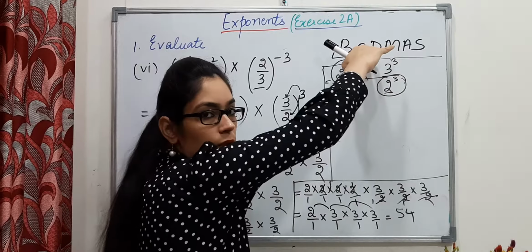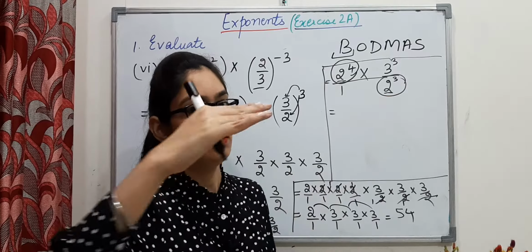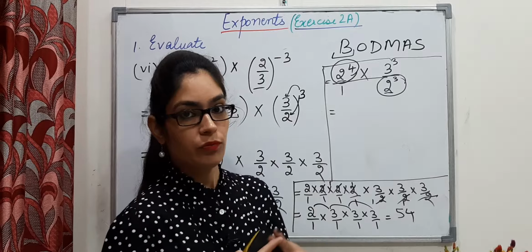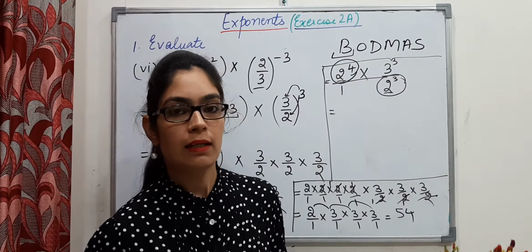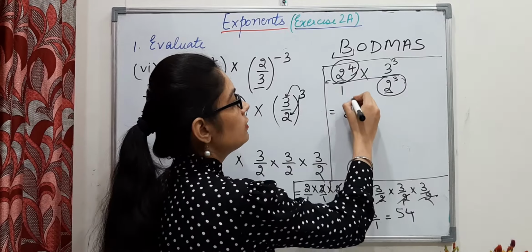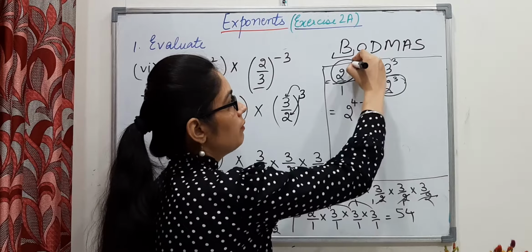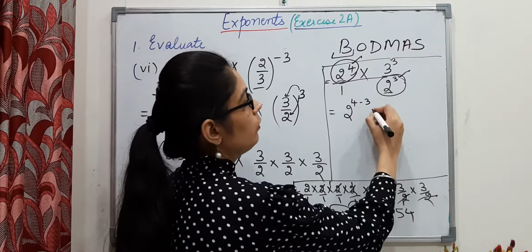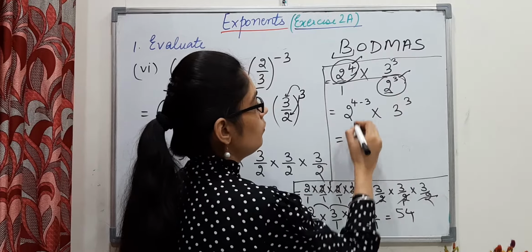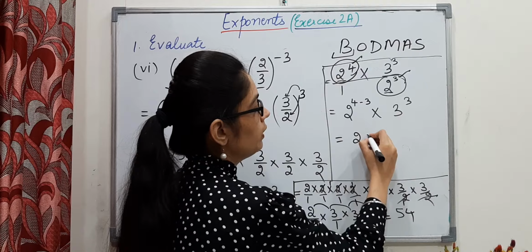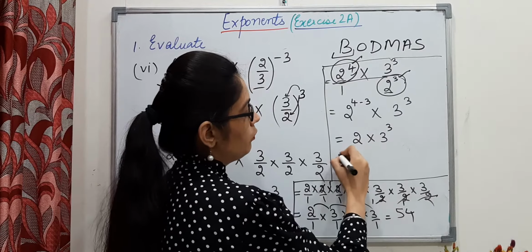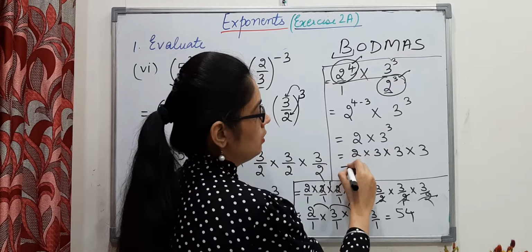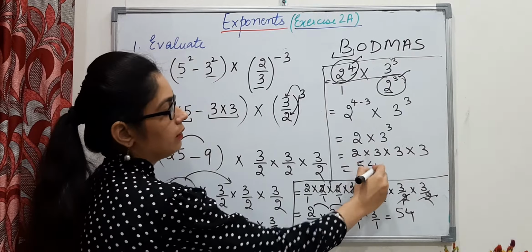If the bases are the same and they are getting divided, we can subtract the powers. The powers are 4 and 3, so 4 minus 3 into 3 to the power 3. 4 minus 3 is 1, so 2 into 3 to the power 3, which means 3 into 3 into 3. So the same answer, 54, you will get.